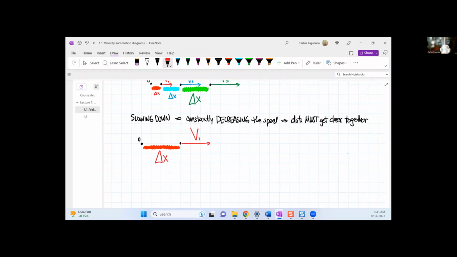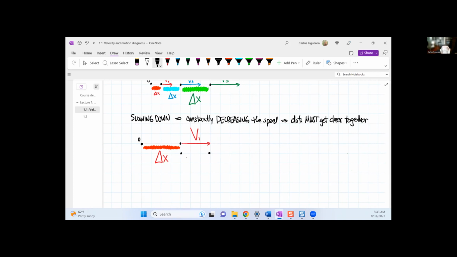So one way of doing it is that if I try to put it in a straight line, it turns out that now I have things that are overlapping, and we don't want to have things overlapping. So for slowing down, what I'm going to do here is bring this down. And then what you're going to see here is that the first one, there's 1, 2, 3, 4.